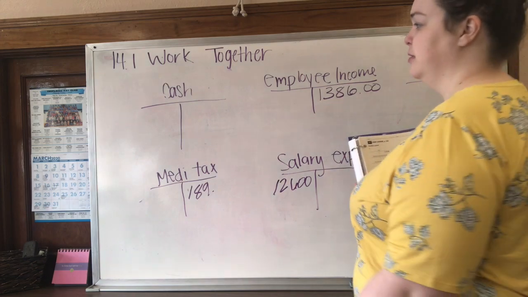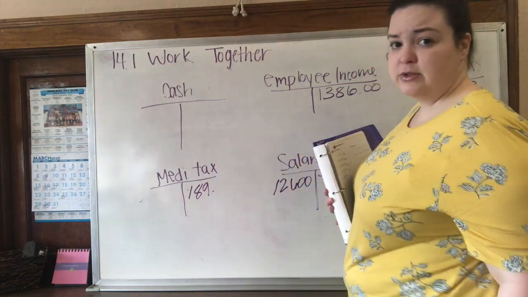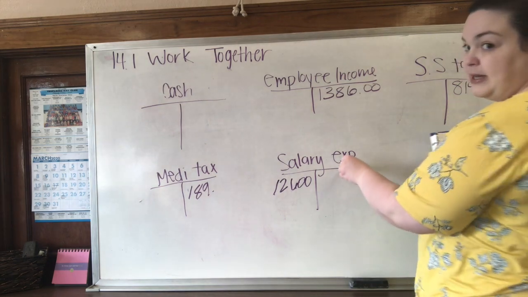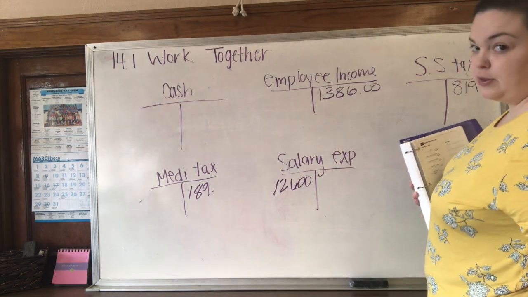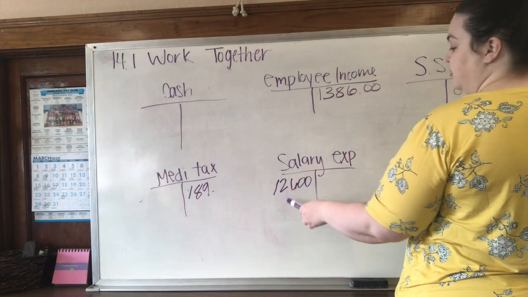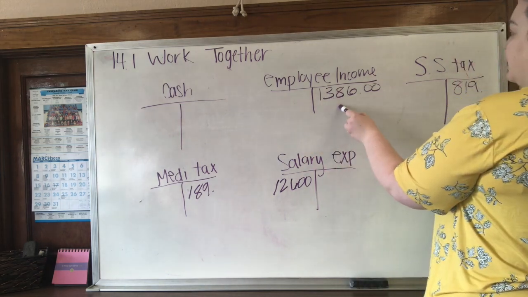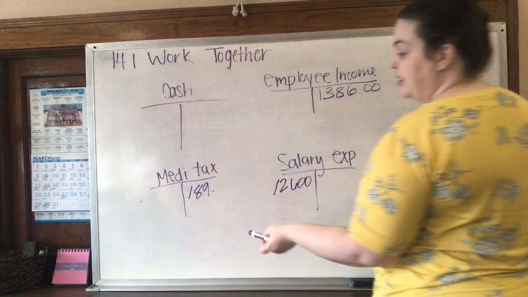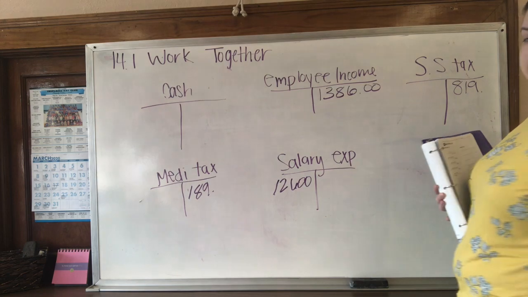So your cash equals your net pay. Your salaries expense is also known as your total earnings. So your total earnings minus your employee income tax, minus your Social Security tax, and minus your Medicare tax will equal your cash.